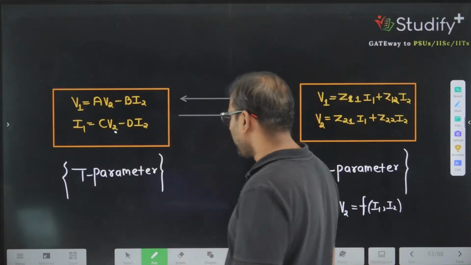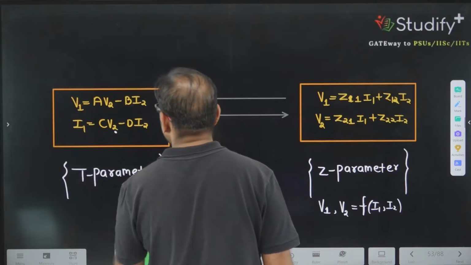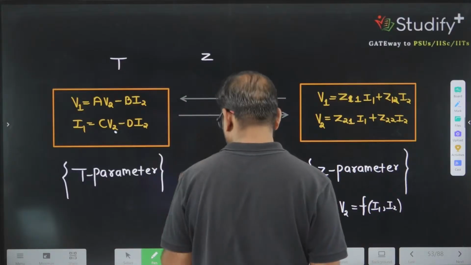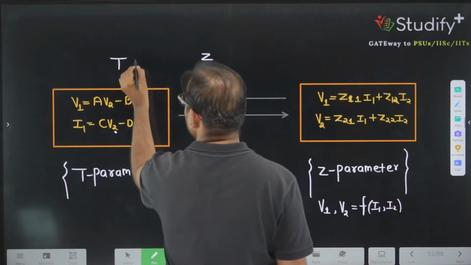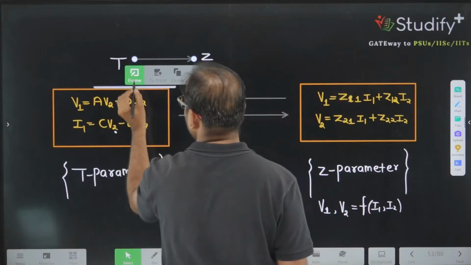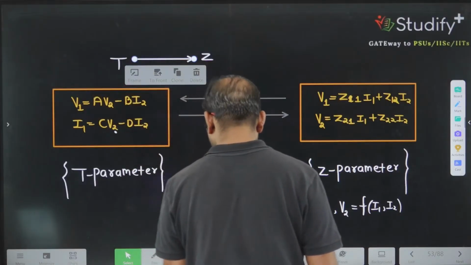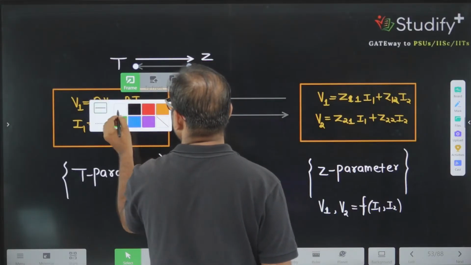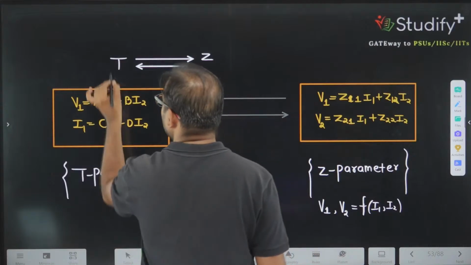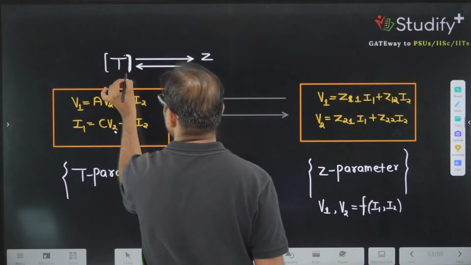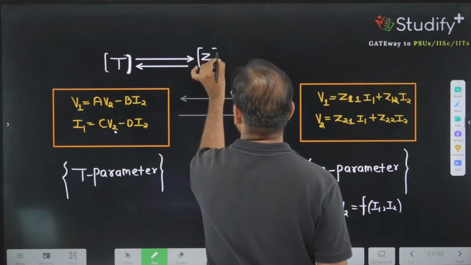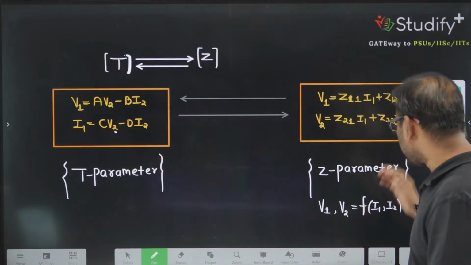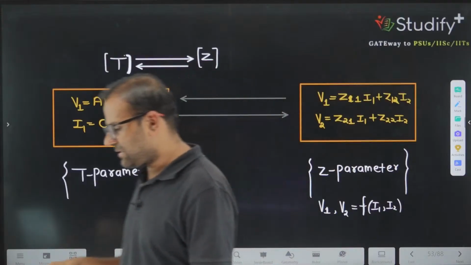So we are trying to establish a relationship between the T parameter and the Z parameter. Now let's see how we can perform this.